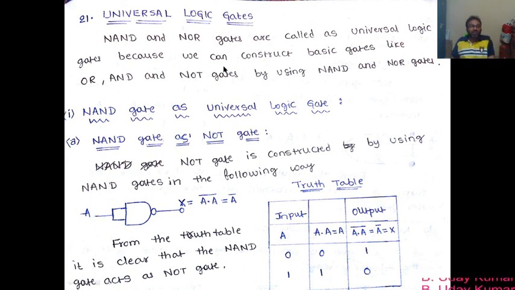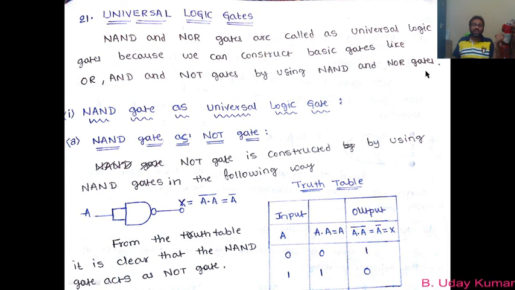Because we can construct basic gates like AND, OR and NOT gates by using NAND and NOR gates only. So by taking NAND gates only, you can construct OR gate, you can construct AND gate, you can also construct NOT gate, and hence NAND gate is called a universal logic gate.